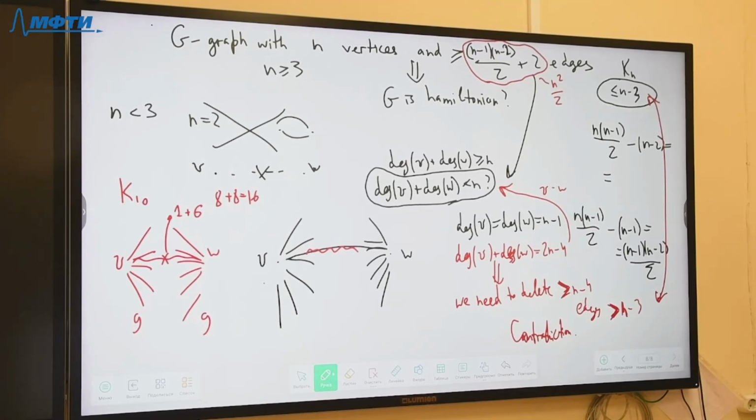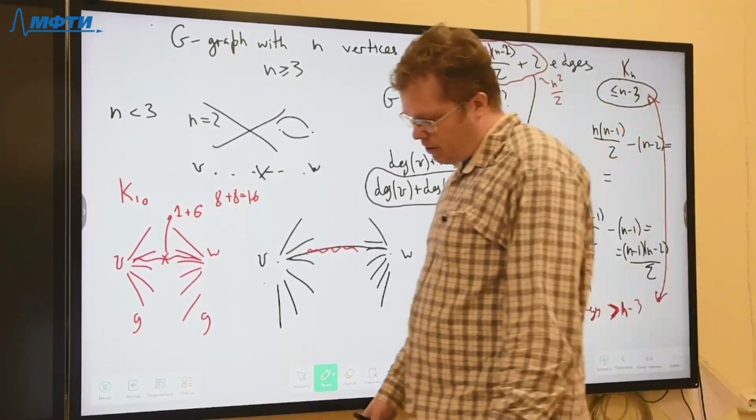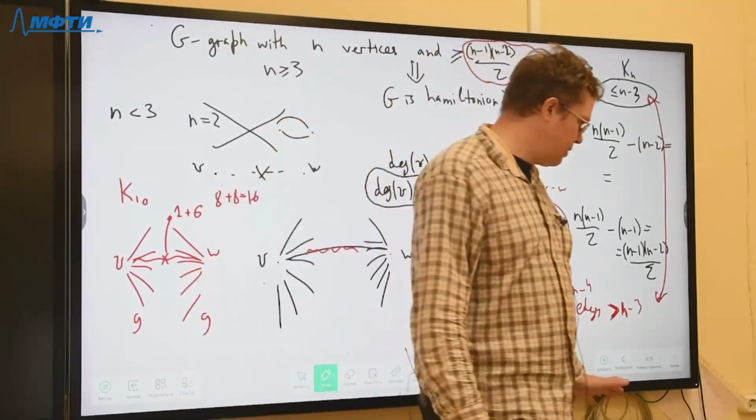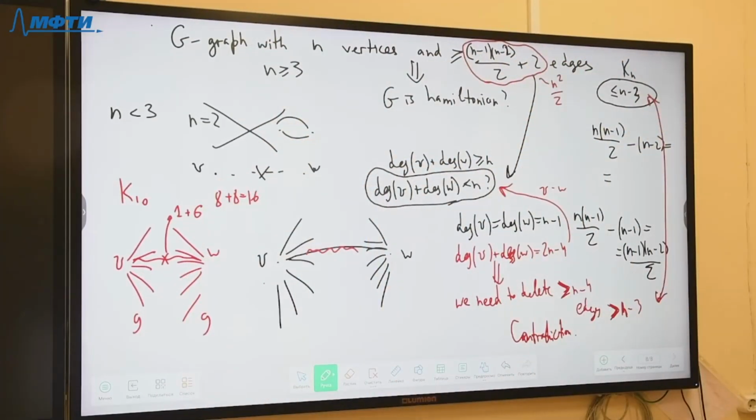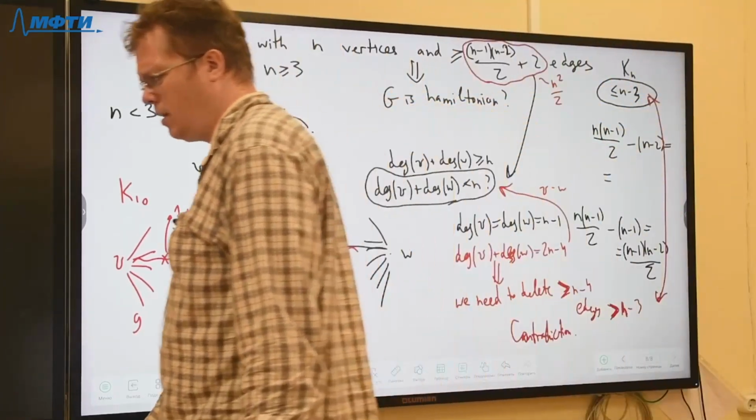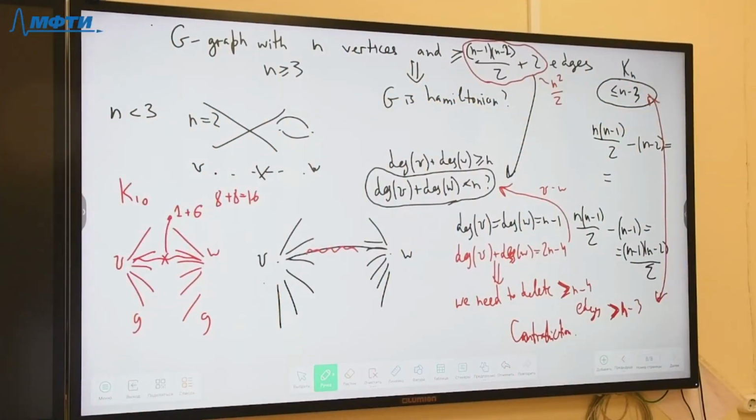But there are some different criteria for graph G to be Hamiltonian, and I think it's called the theorem of Erdős and Chvátal, but maybe I'm mistaken.